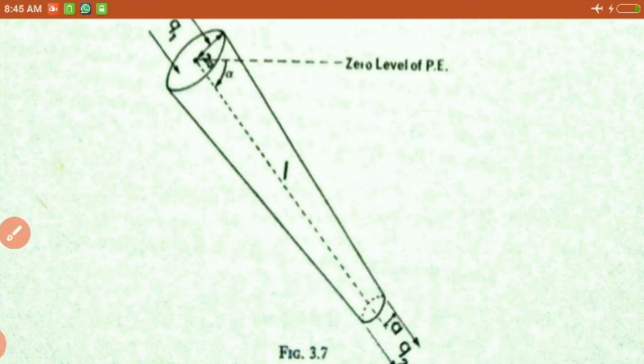That means the lower section is small and the upper section is big.